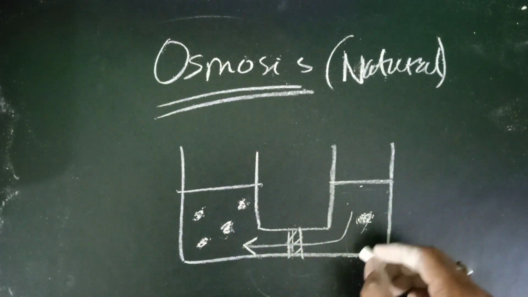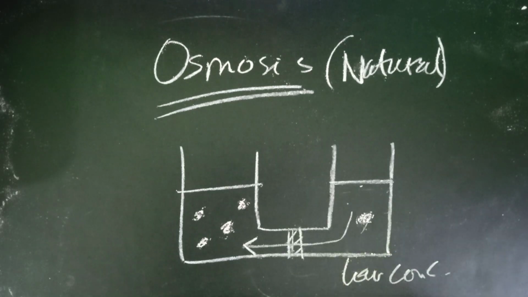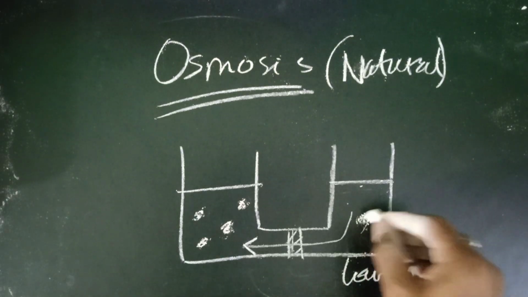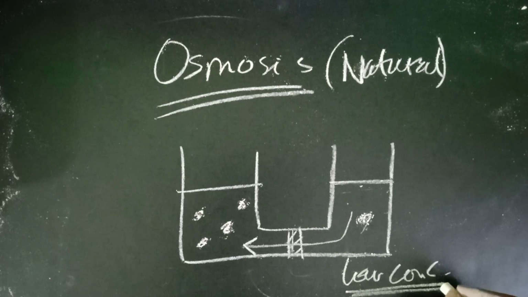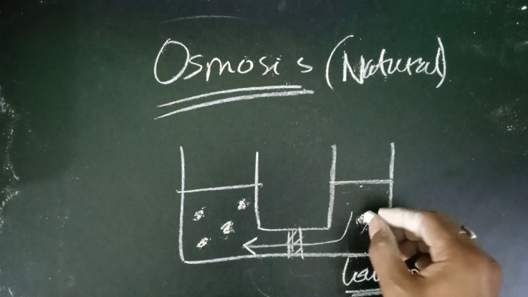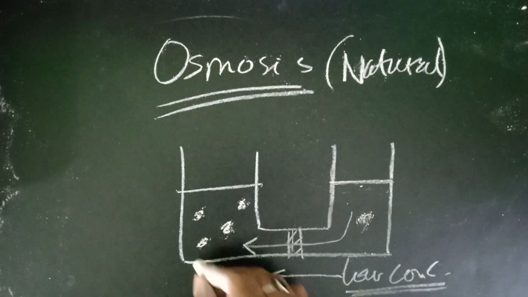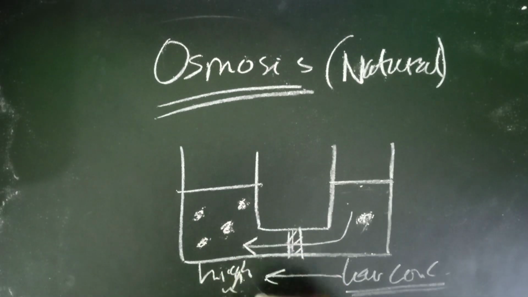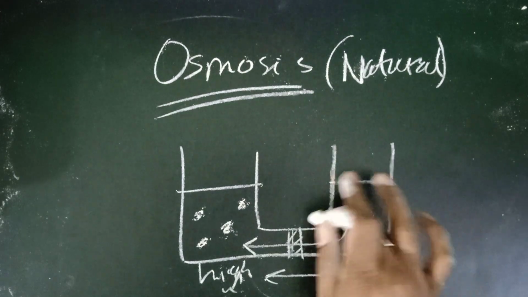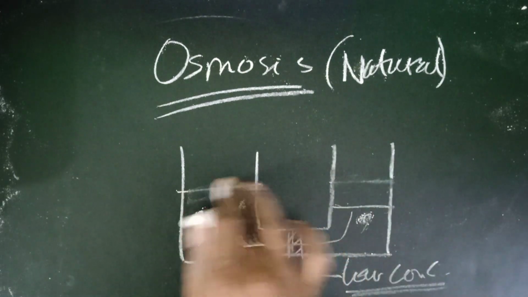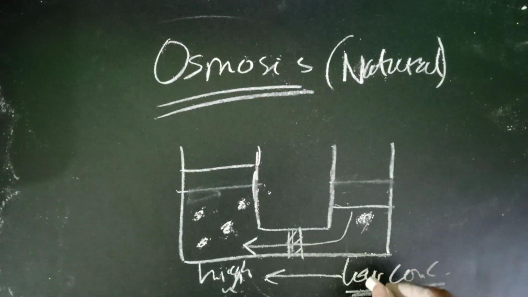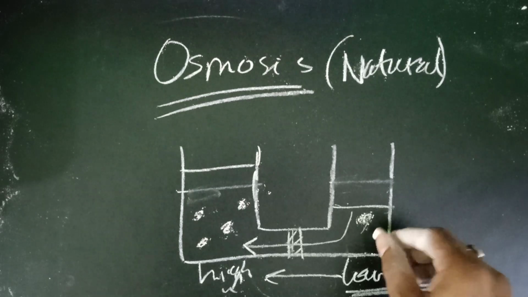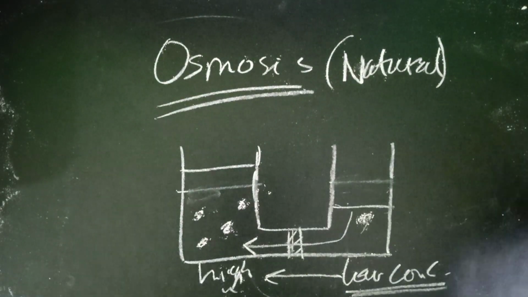So water, or the solvent, from the low concentration, meaning only one solute, less dense, will move towards the high concentration, and slowly this water level would decrease and this would increase. At a time when both the concentrations are equal, the activities are equal, there will be no transfer. This is osmosis.